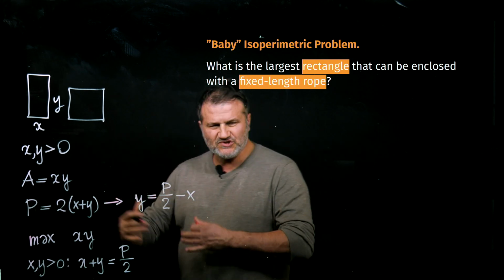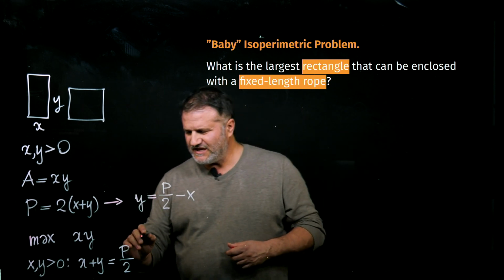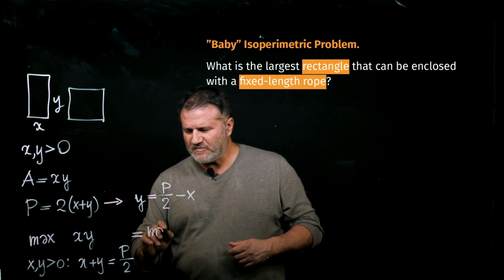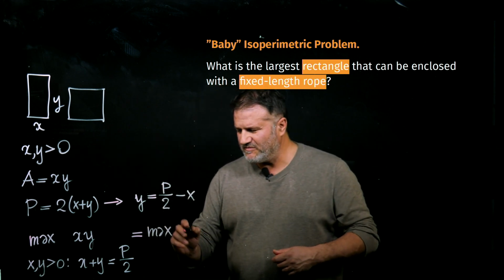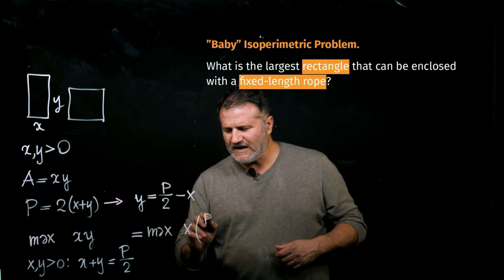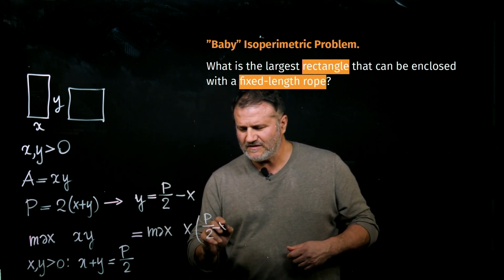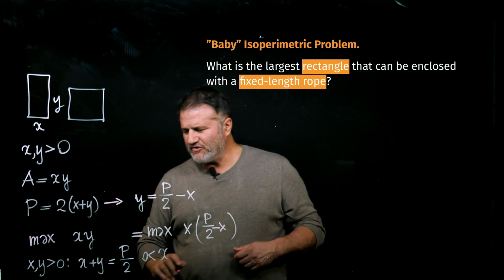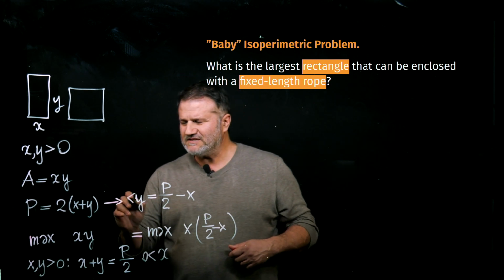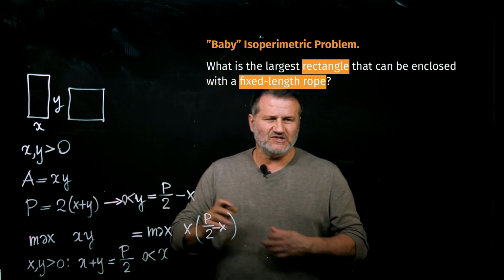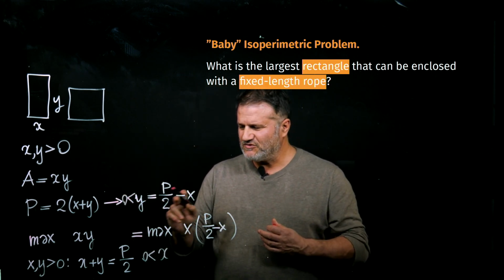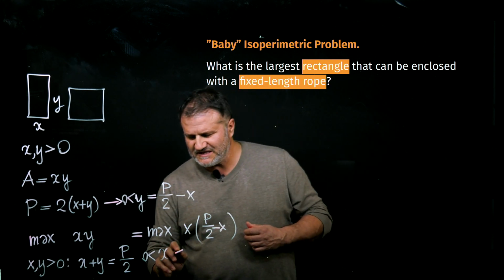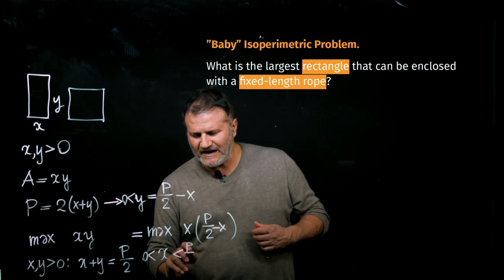So we can reduce the number of variables here, transforming this into the problem for the maximum of x times p half minus x, when x is positive, and moreover, since also y must be positive, x cannot be just any positive number, because this quantity must be positive, and this means that x must be less than p half.